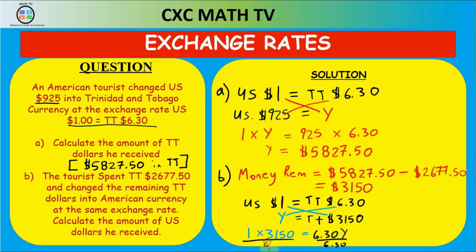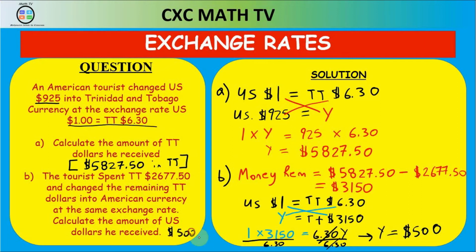So when you divide both sides by 6.30, Y is equal to, this cancels this, and so we put in our calculator 3,150 divided by 6.30, and we get $500. And so of course this tourist has 500 USD.